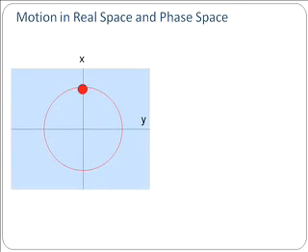Assume in the real space of x and y, I have an electron, the magnetic field is perpendicular to it, and the electron is going around, just like that. Now, when the electron is on the top, it has a velocity along the x direction, but it has no velocity in the y direction, right? Tangent on that one.